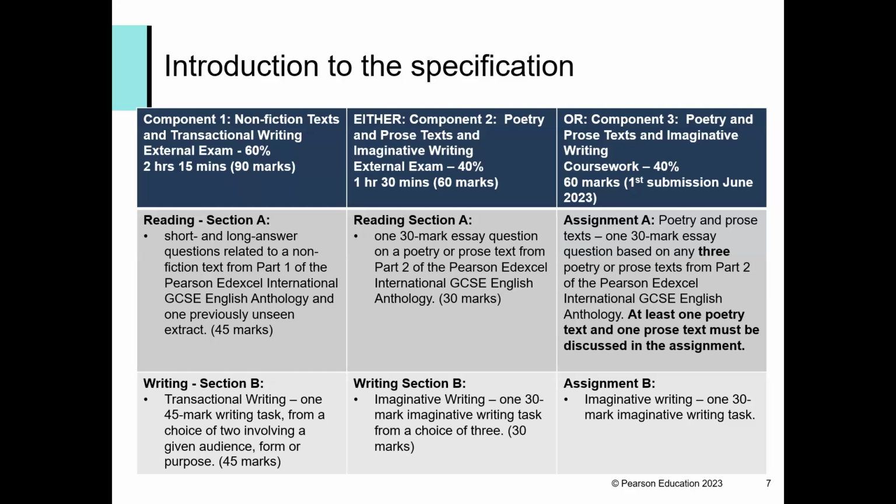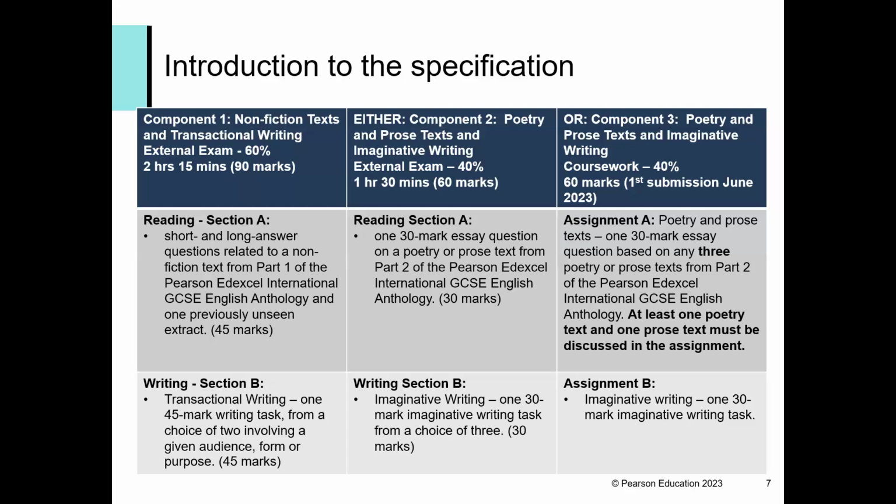Then centres choose whether they want to do the exam route, which is component 2, or the coursework route, which is component 3. Whichever route you take, it's 40% of the total qualification.